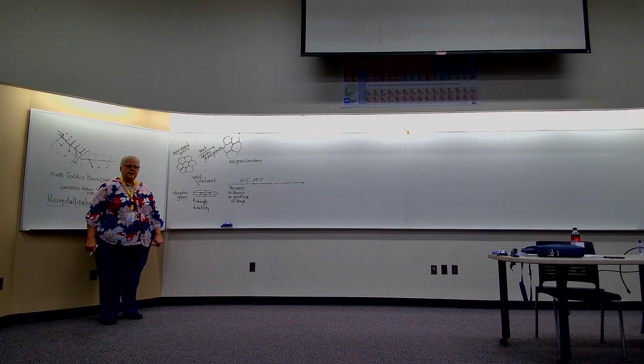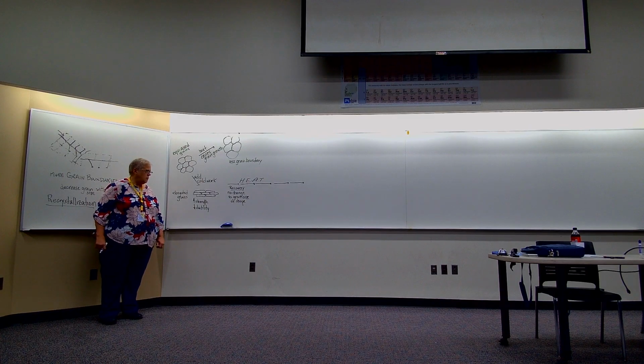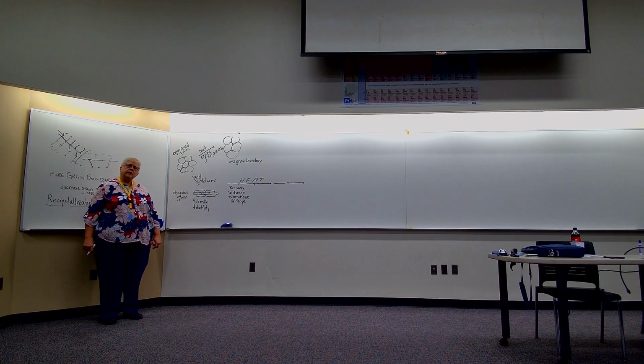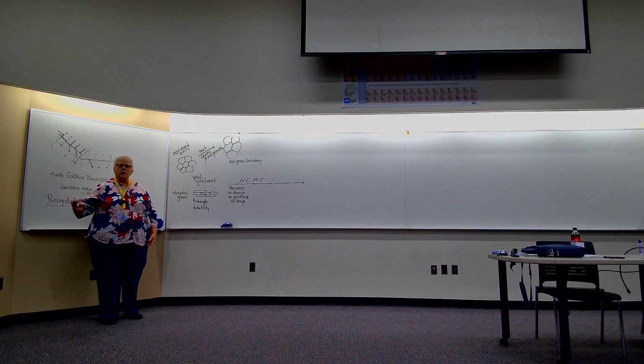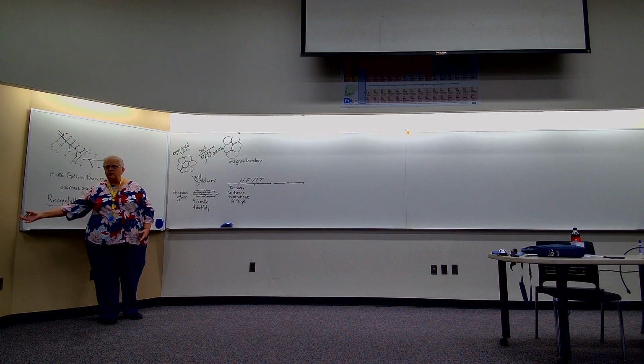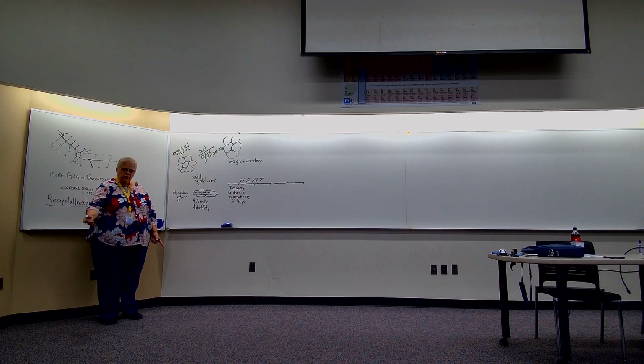This would be the step of annealing, when we were doing those examples of cold work and trying to get it down to a certain size. And we would have to anneal so that we could do more cold work. That's kind of like what happens here.